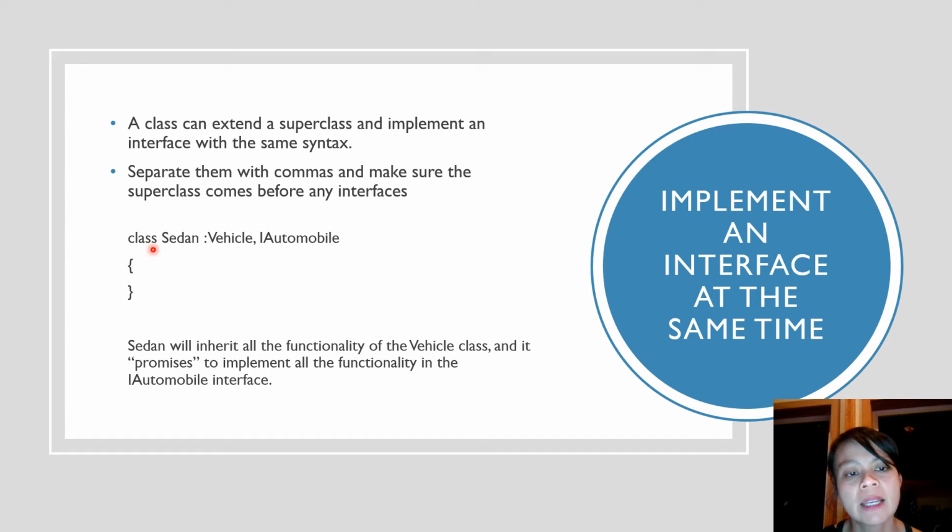You have class sedan, then the colon, and vehicle, which is the superclass, and then a comma and the interface. What this means is sedan will inherit all the functionality of the vehicle class, the superclass, and it promises to implement all the functionality in the iAutomobile interface.